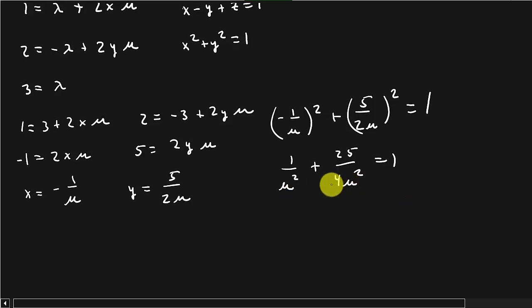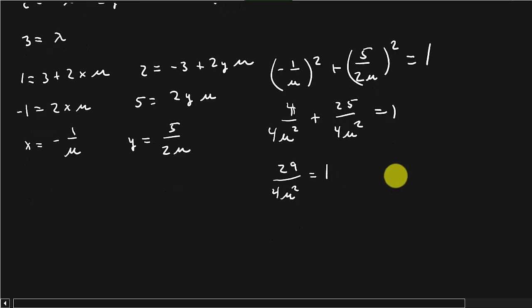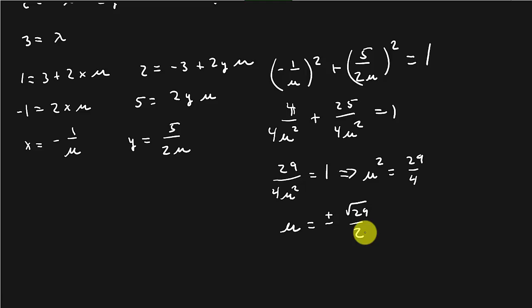If I get a common denominator here, that's 4 over 4 mu squared, so that's 29 over 4 mu squared equals 1. And so that's going to tell me that mu squared is equal to 29 over 4. So I get mu is equal to plus or minus square root of 29 over 2. All right. So there's mu.